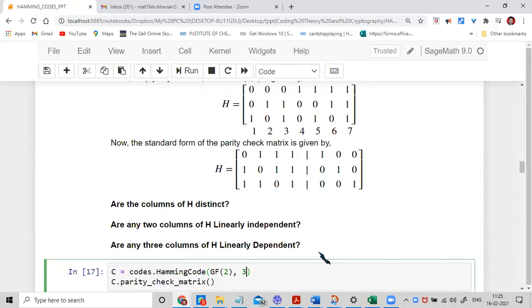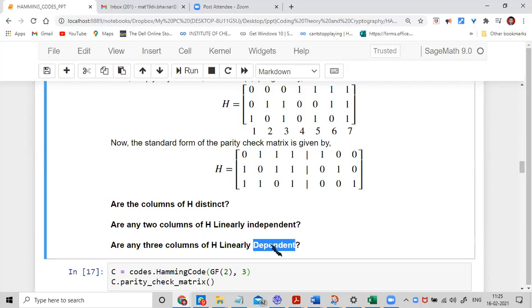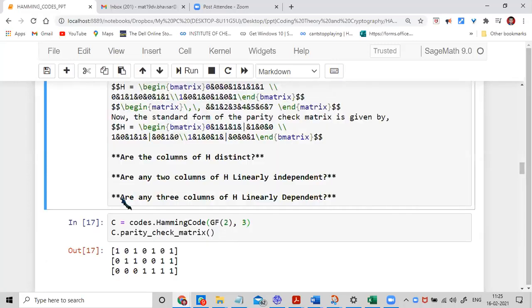Look at the difference between the second and third questions. The second asks about any two columns, but here we need to modify it: do there exist three columns in H which are linearly dependent?